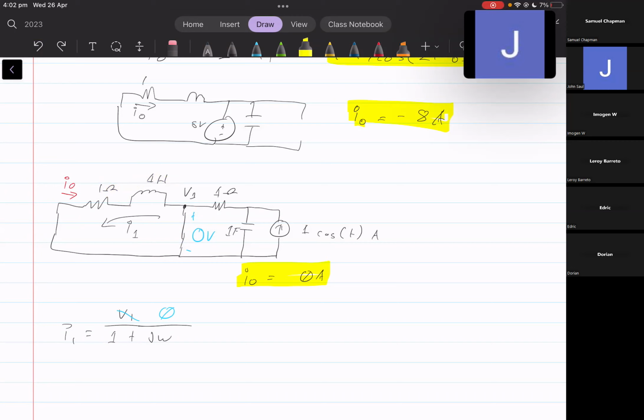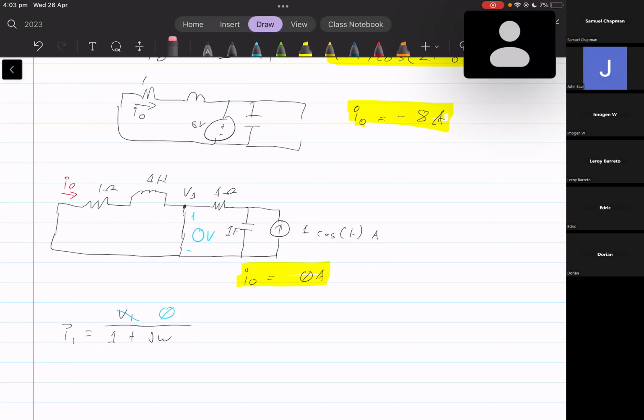So in any question, if it's a current source, will it always be 0? Technically, yes. If you're looking for IO, which is on the other side, there's no current, so it's the same in any scenario.